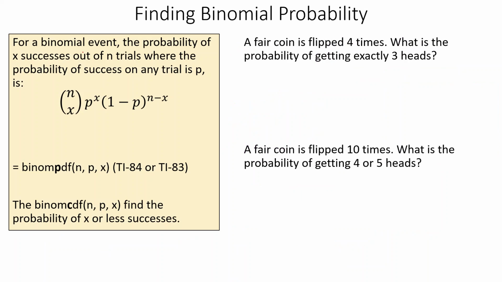How do we find the probability of X successes out of n trials, where the probability of success on any trial is P? Well, there's a formula. I don't really expect you to use this, but that is what the formula looks like. It's called n choose X. This is something called a combination. So this is the number of ways it can happen.